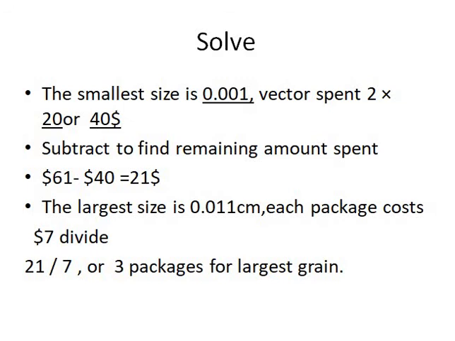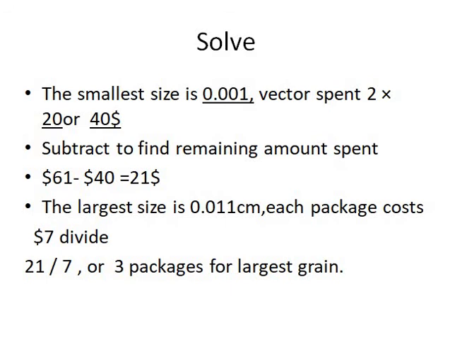I have what he spent and the total money. How can I find the rest of the money? By subtracting. I subtract $61 minus $40, the price of the smallest sandpaper.